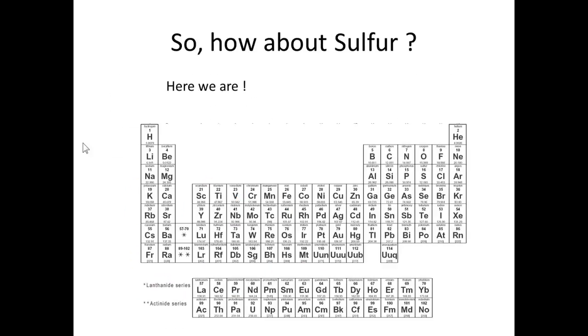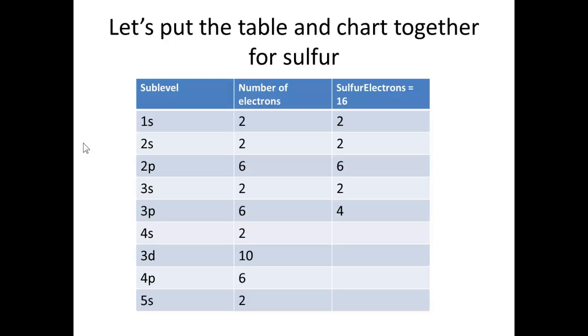Okay, what about something like sulfur? So here we are. Sulfur is atomic number 16. There's its place in the periodic table. So we put the table and chart together for 16, and we can see that we filled up 1s, 2s, 2p, and in the 3s we filled that up with 2 electrons, and in 3p there are going to be 4 electrons.